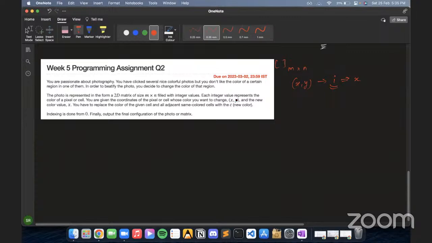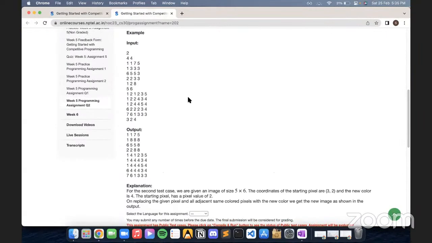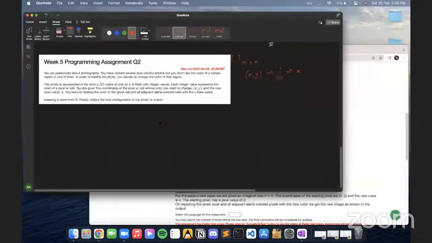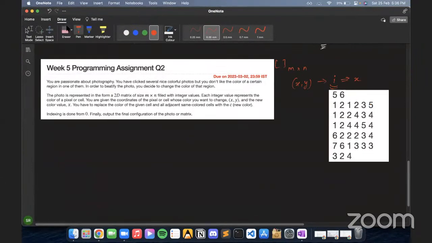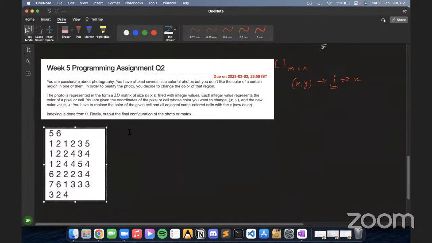Now, let's just take another input example. The matrix that we are given is this.